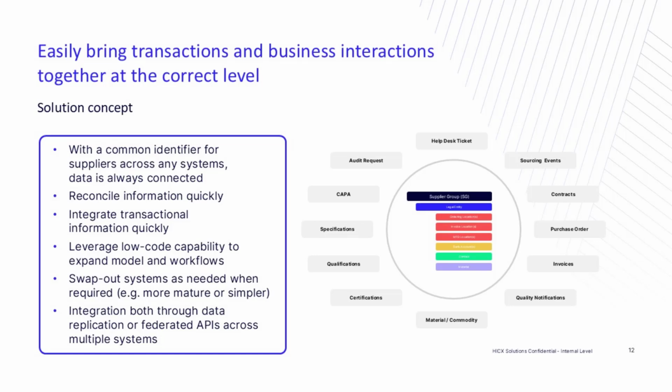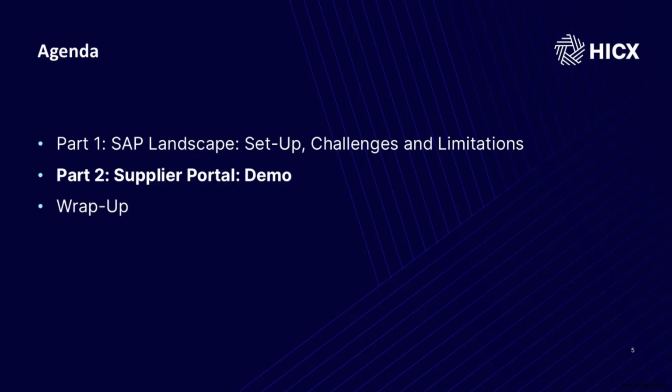Very easily, you can bring in the transactional data, corrective actions, specification changes, certifications, orders, contracts, whatever it is, and reconcile all the information. That becomes really easy because you've established how all these things connect. It also allows you to swap out systems as needed without disruption to the business. So foundation is key. Then you can implement quick, easy wins over time to drive more use cases with suppliers.